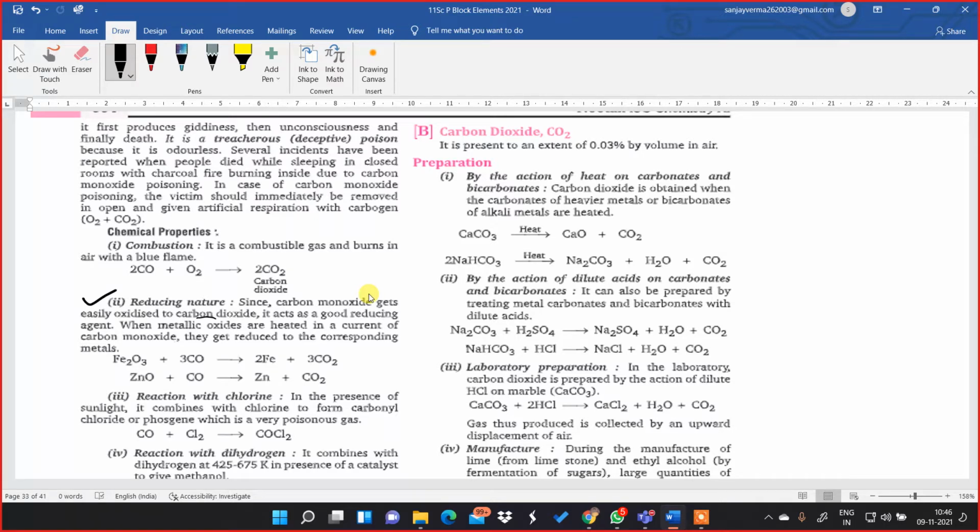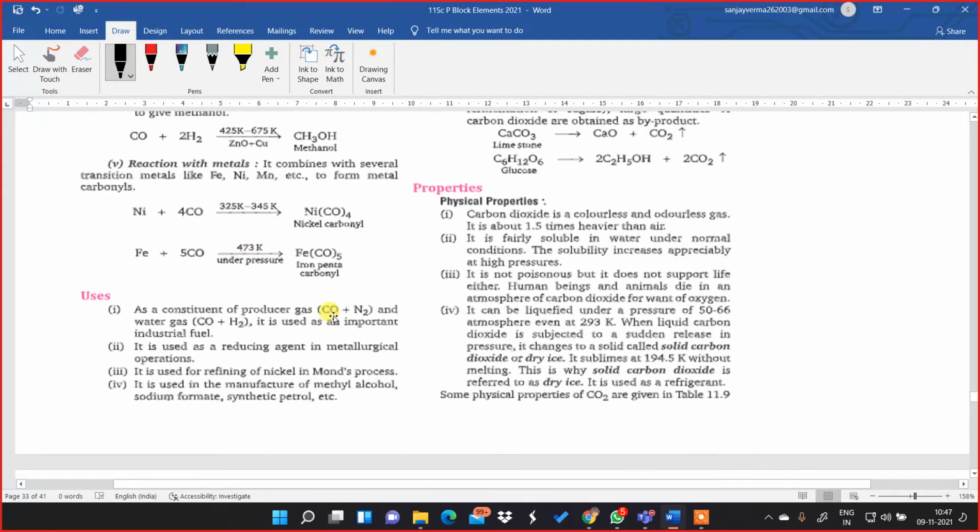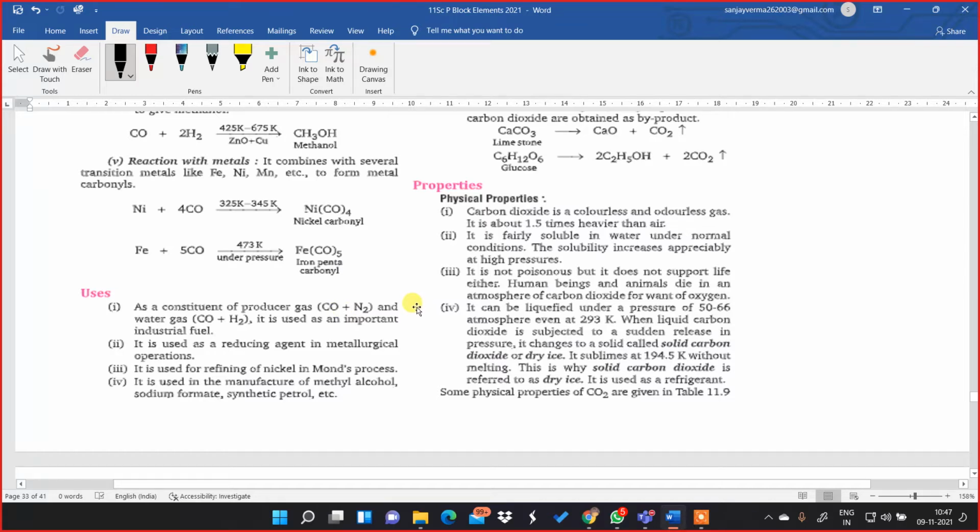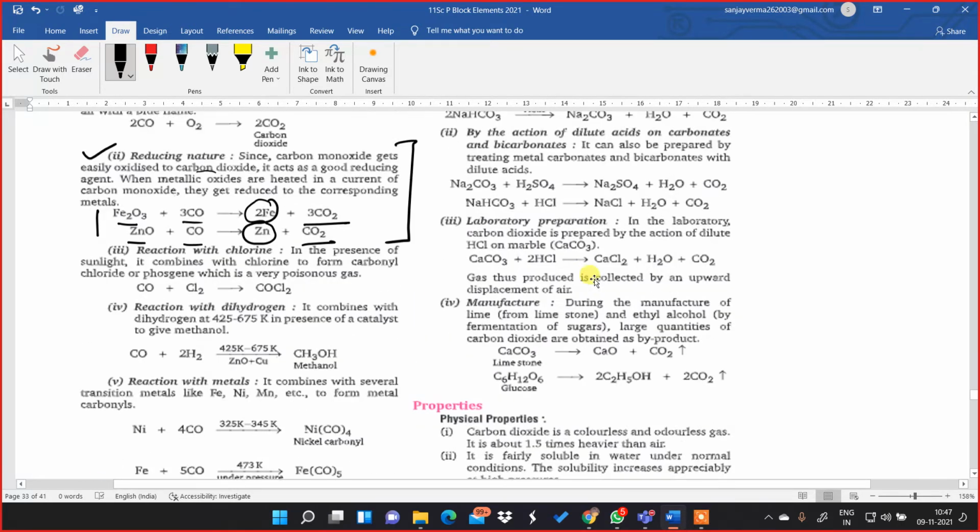When metallic oxides like iron oxide and zinc oxide are reacted with carbon monoxide, it reduces these metallic oxides to the respective metals, iron and zinc, producing carbon dioxide. You will learn only this reducing nature under chemical properties of carbon monoxide. Then we move to the next column. Uses are not mentioned for carbon monoxide in the syllabus.